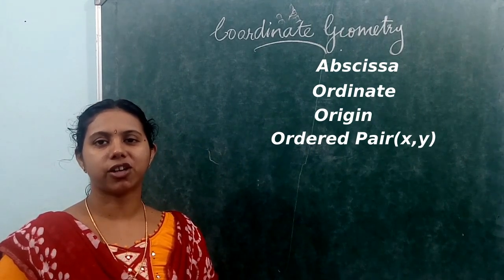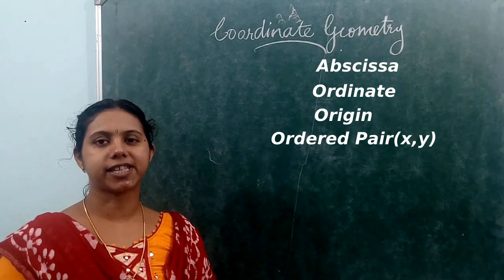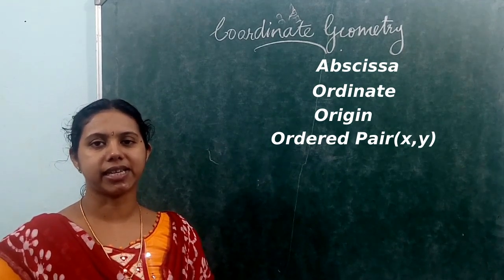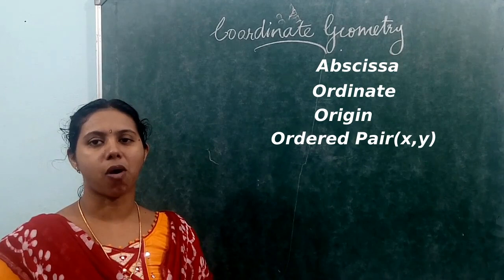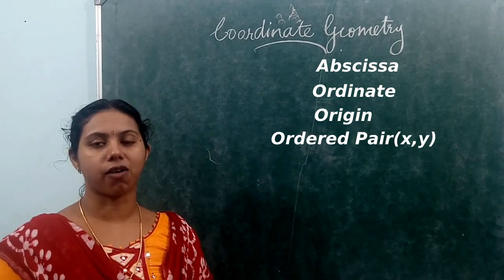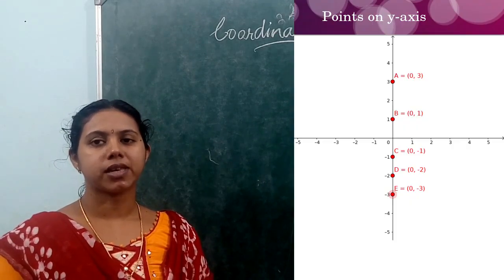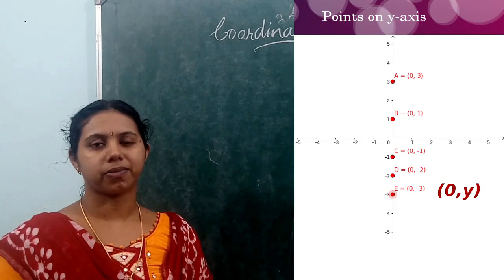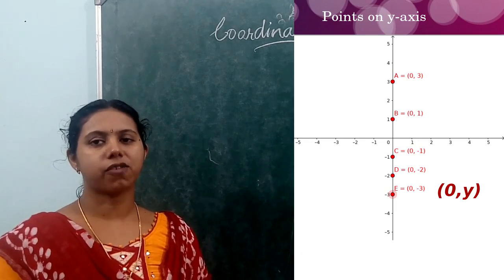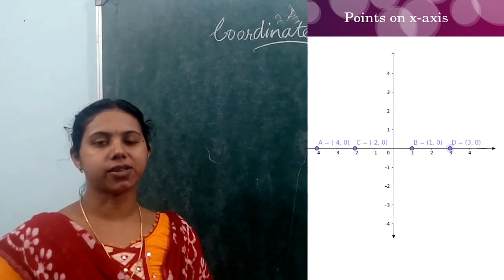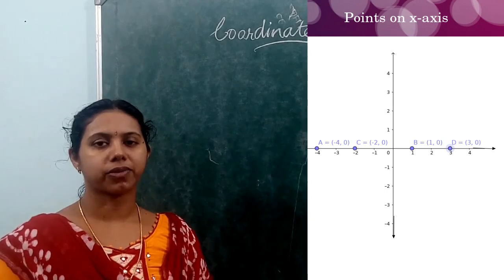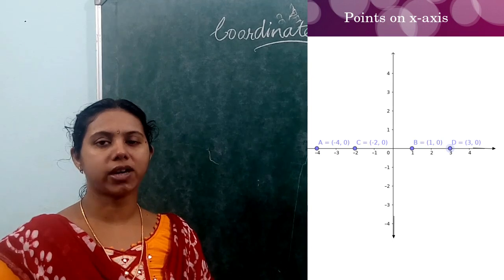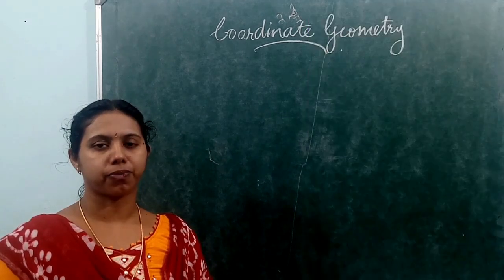The x coordinate of a point on the y-axis is always 0, that is, the coordinates of a point on the y-axis are of the form (0, y). The y coordinate of a point on the x-axis is always 0, that means the coordinates of a point on the x-axis are of the form (x, 0).